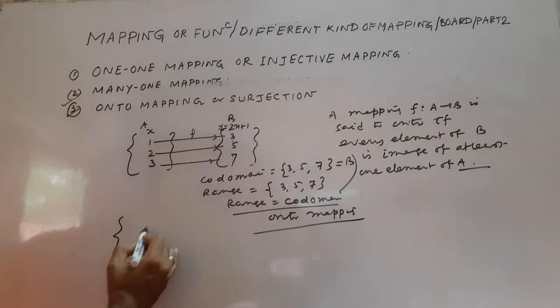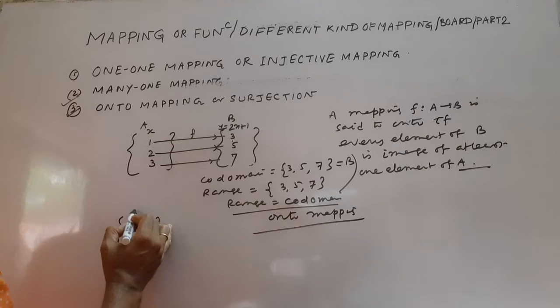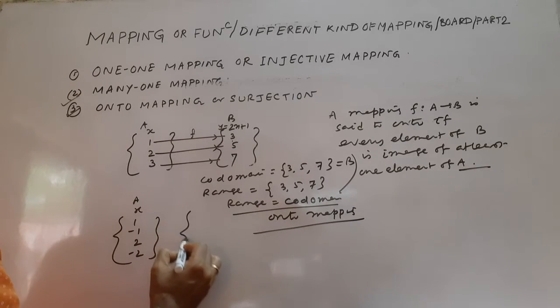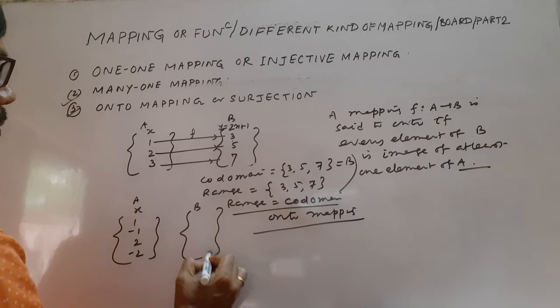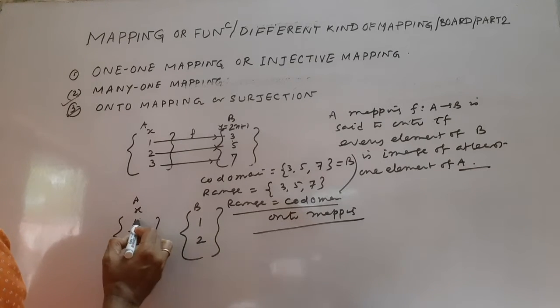Now look at the many-one mapping: 1, minus 1, 2, minus 1. Suppose this is A and this is B, 1 and 2.